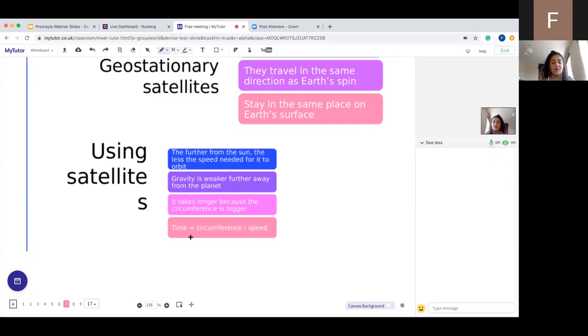So we know that the orbit takes longer if the circumference is bigger. So if the orbit is bigger, if it's further away, it's less speed, but it takes a longer time. Okay, and that is worked out by this equation, but it's not a formal equation. It's just a variation on speed equals distance over time.